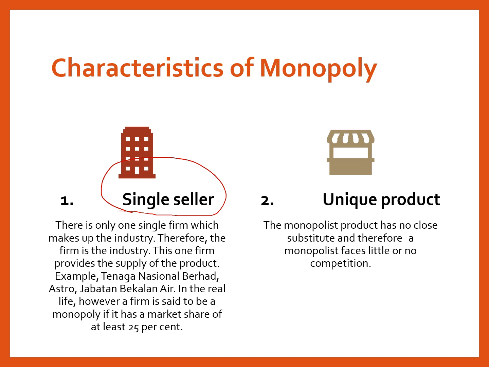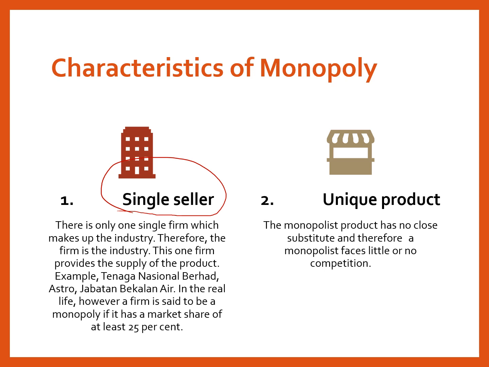And this one firm provides the supply of the product. For example, yang senang you nampak, kalau di Malaysia kita ada Tenaga Nasional Berhad. Why does Tenaga Nasional Berhad fall under monopoly? Because in Malaysia kita dah tak ada mana-mana firms lagi yang supply tenaga elektrik. In real life, however, a firm is said to be a monopoly if it has a market share of at least 25%.